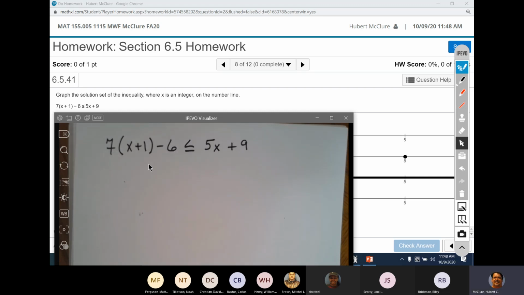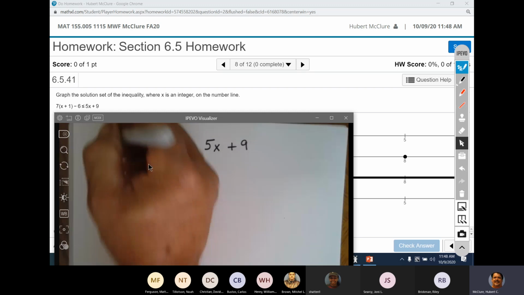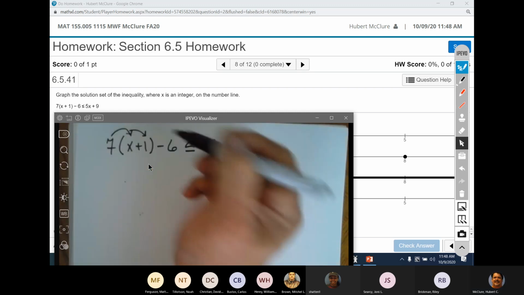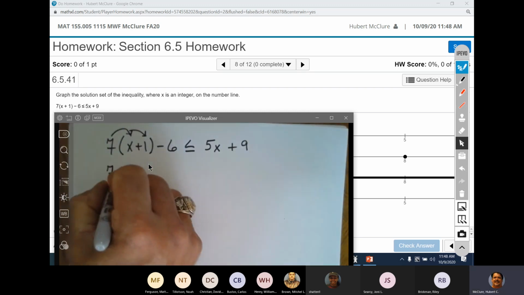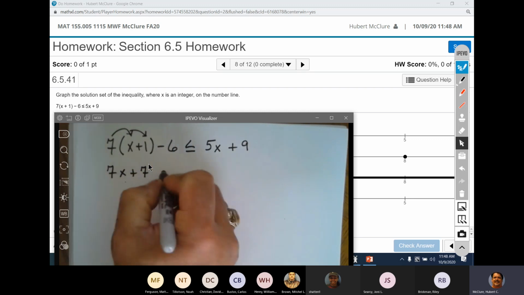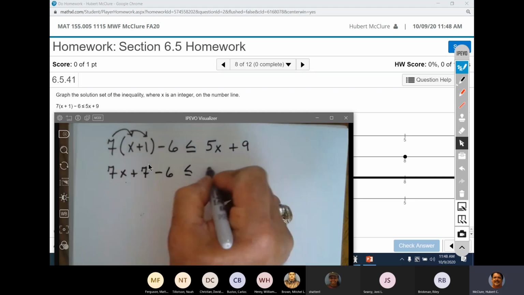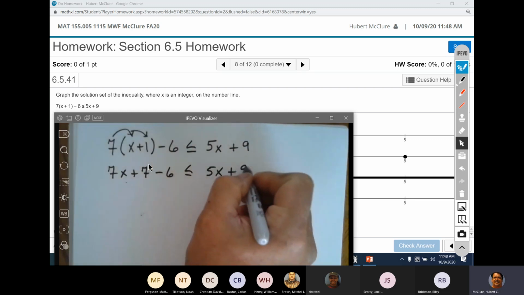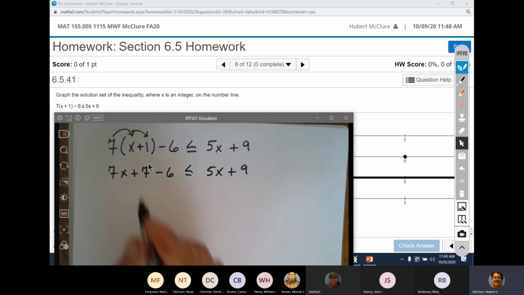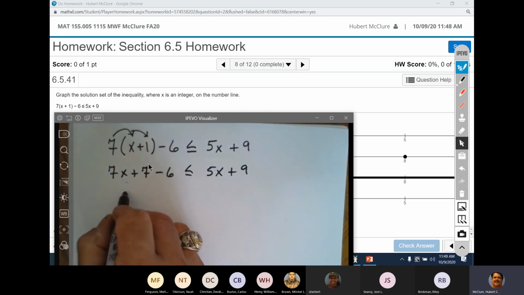All right, so distribute 7. That's going to give me 7x plus 7 minus 6. 7 minus 6 is 1.